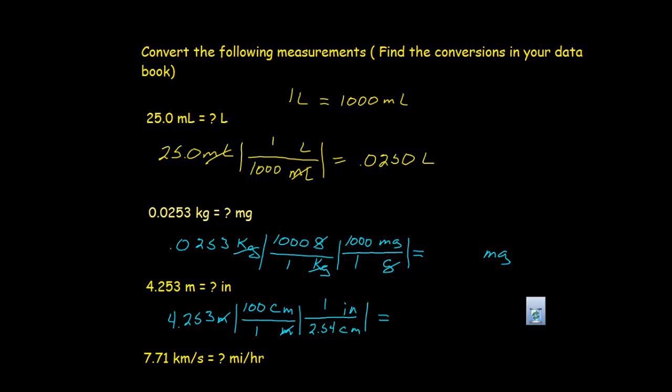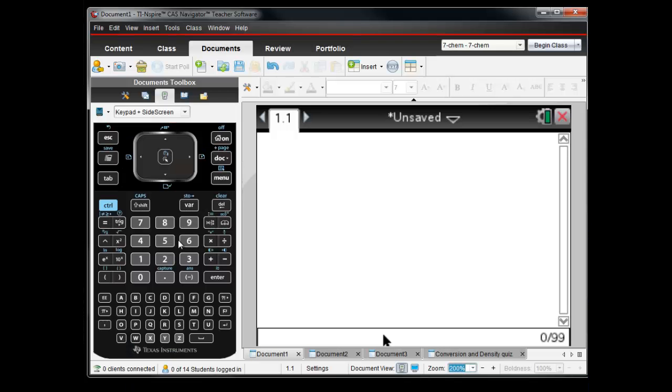Now if we want to calculate that, we pop up a calculator. 4.253 times, and I'm going to do a control divide which puts it in ratio form.